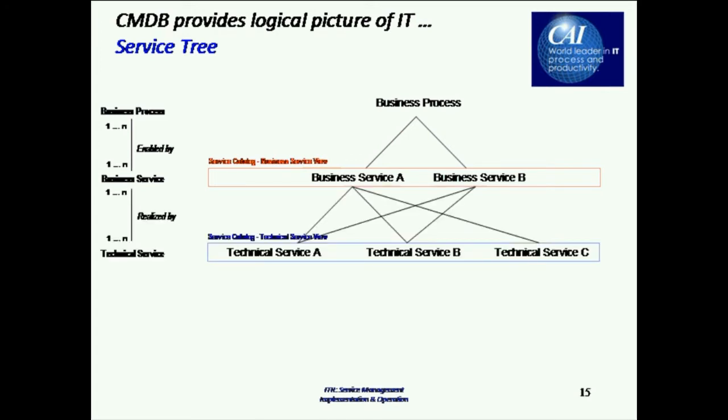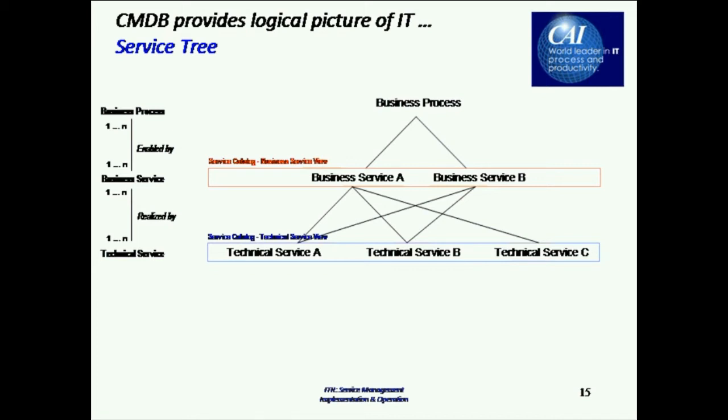If you move down, each business service can be realized by multiple technical services. At this level, you have technical services that are usually shared across business services. An example is Active Directory or FTP. These are at a technical level, and normally they are shared to support multiple business services.